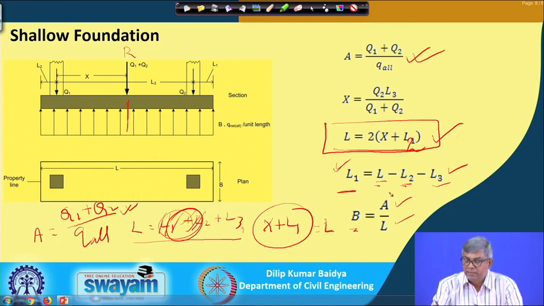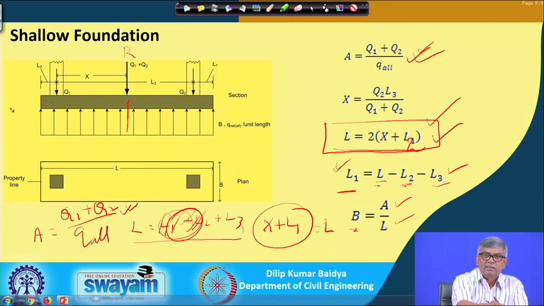And if you get L and if you get A, then you can find out B. So, this is the way one can design the combined footing to have uniform contact pressure below the footing. If this length is something else instead of L2, then accordingly the length will be varying, that is to be considered.